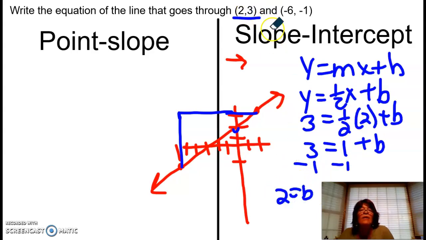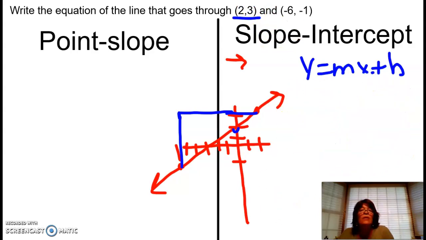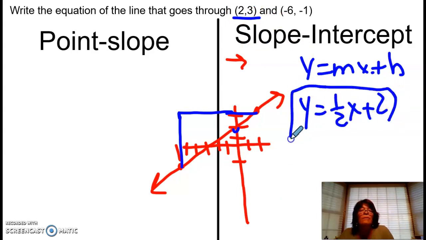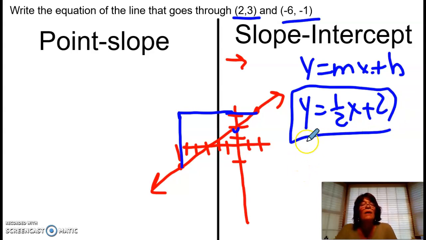Fantastic. Now I know what I kind of guessed from the beginning, that the equation is y equals 1/2 x plus 2. Okay? And I could have used (-6, -1), putting -1 in for y and -6 in for x, and I still would have gotten a b of 2. I just chose (2, 3) because I didn't feel like dealing with the negatives.